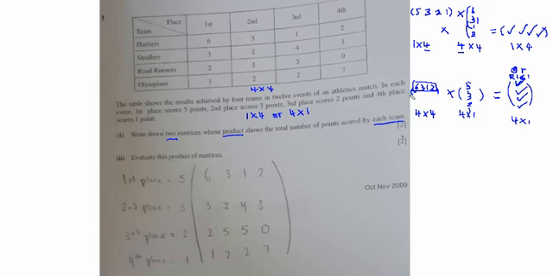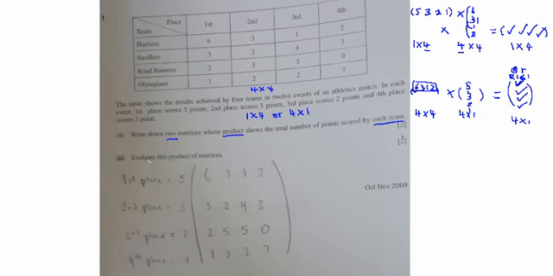Okay, similarly, if you take the second row and multiply by this same column matrix, you will get the total mark obtained by the team Stroller. Okay, so that's it. This resultant matrix will give you this answer.